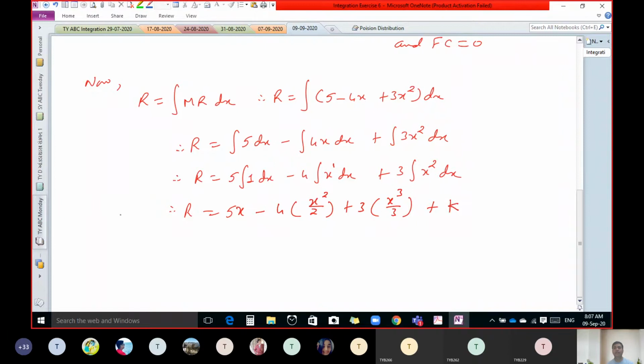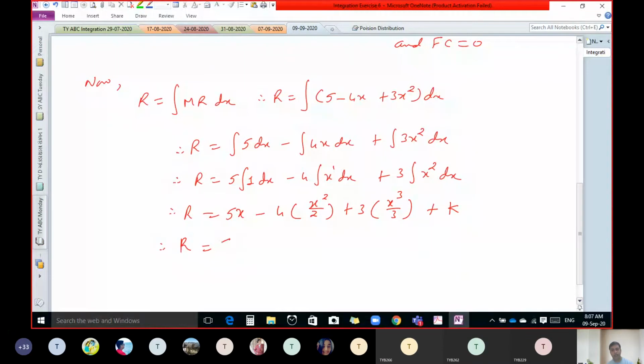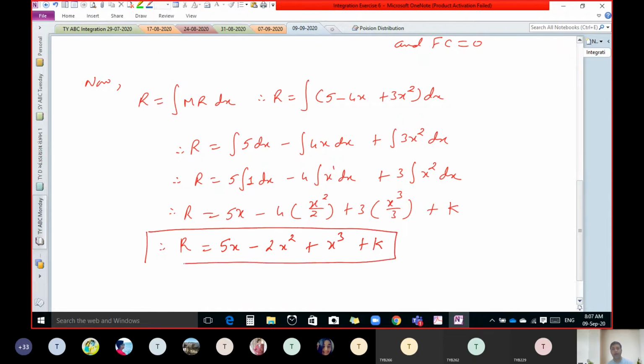Let us write symbol k instead of c, because c here is the symbol for cost. So you can write any symbol, no problem at all. So this is 5x minus, if we cancel 2, we get 2x square. If we cancel 3, we get x cube plus k. And here we require to find out the value of k.